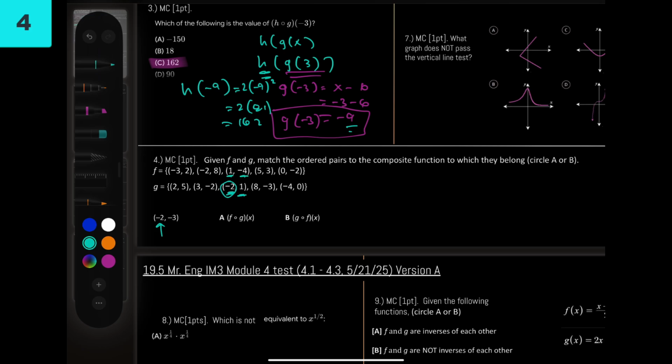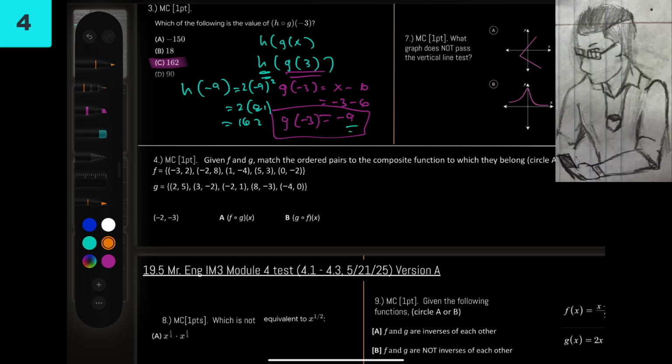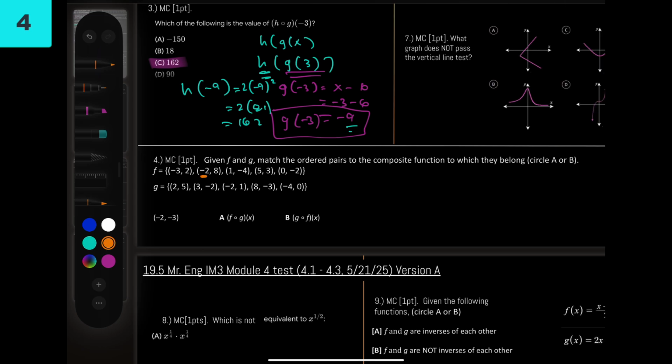Okay, so that didn't work. So let's try the other way. Start -2, 8. A is my output. Now I'm going to go to g as my input, and I get -3. And that matches. So we started here at f, and then we end at g. Remember, you start on the right to left.